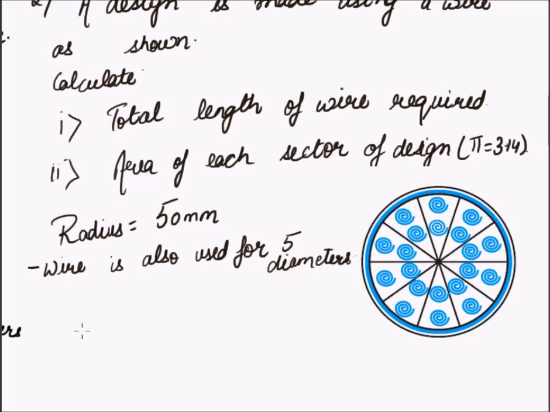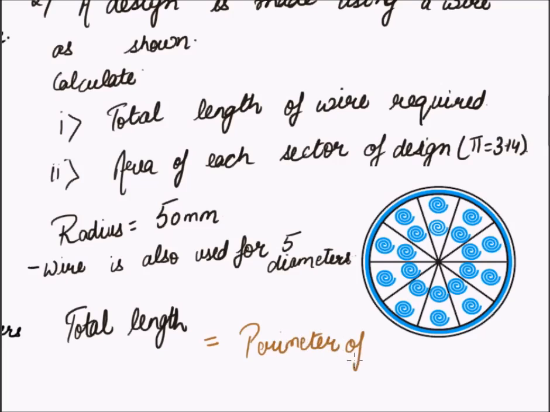So for the first part, that is the total length required will be the length of the boundary of the circle, which is the perimeter of the circle, plus the length used for 5 diameters.